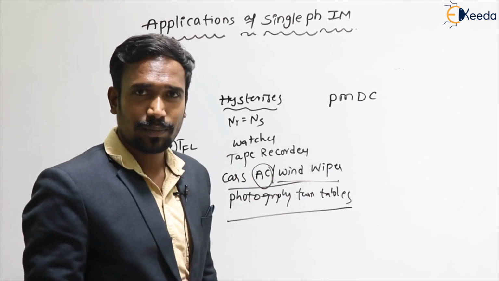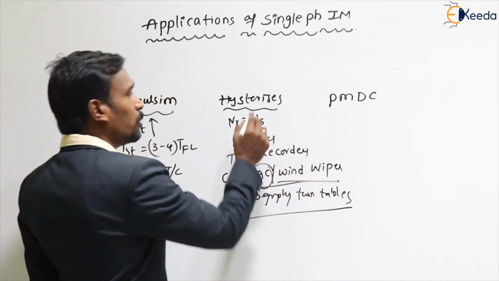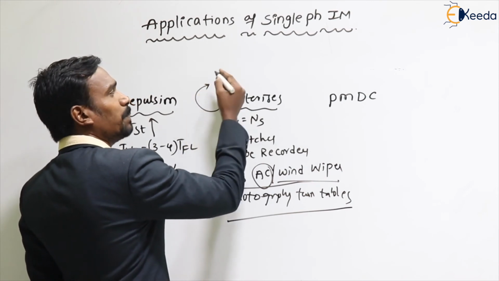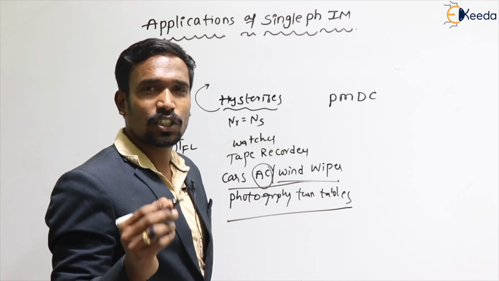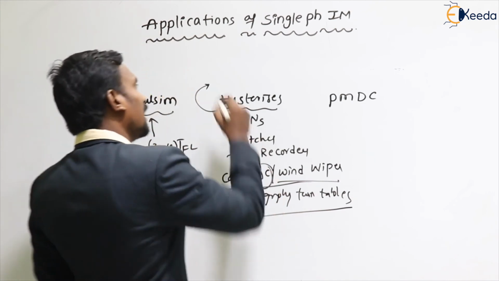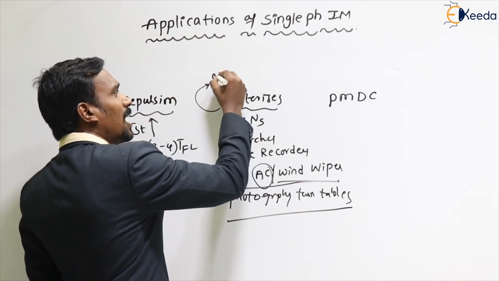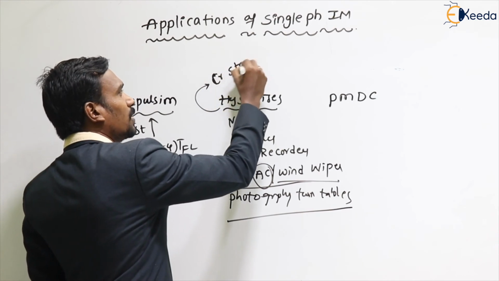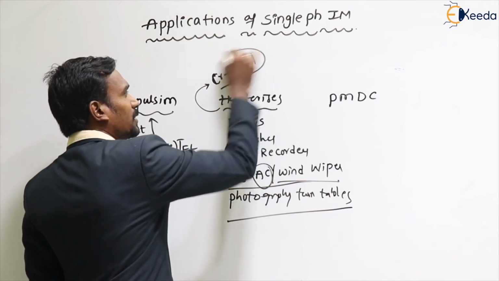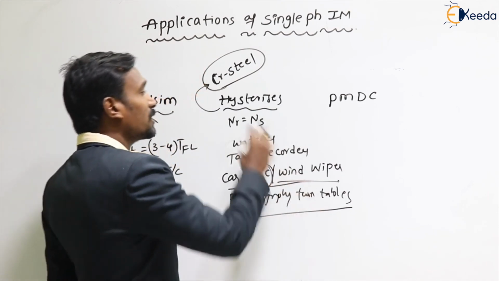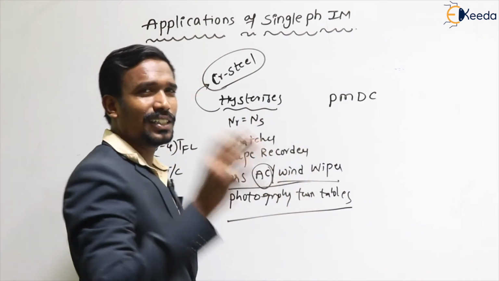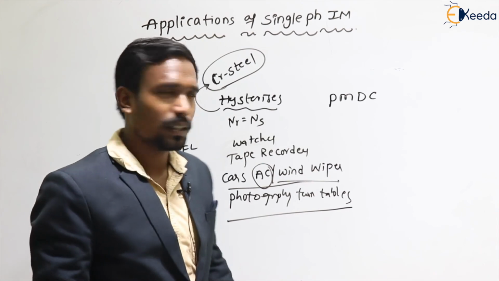The hysteresis motor rotor is made of a high reluctance core, like ferrite or chromium steel. Because of high hysteresis, the rotor works on the hysteresis principle.